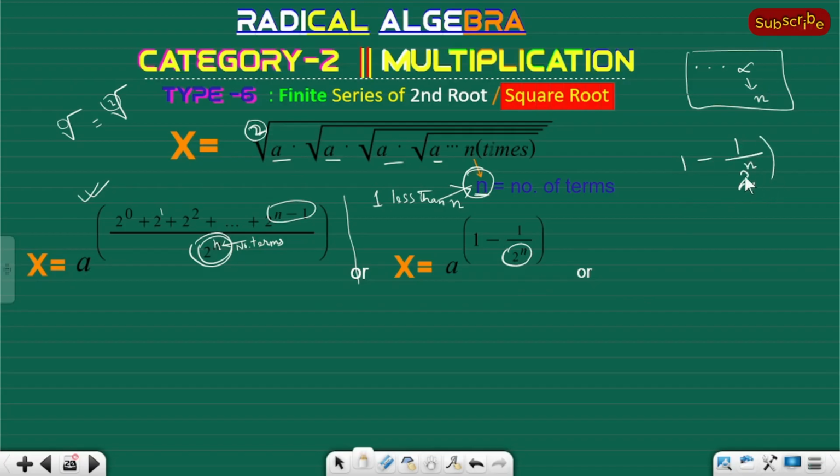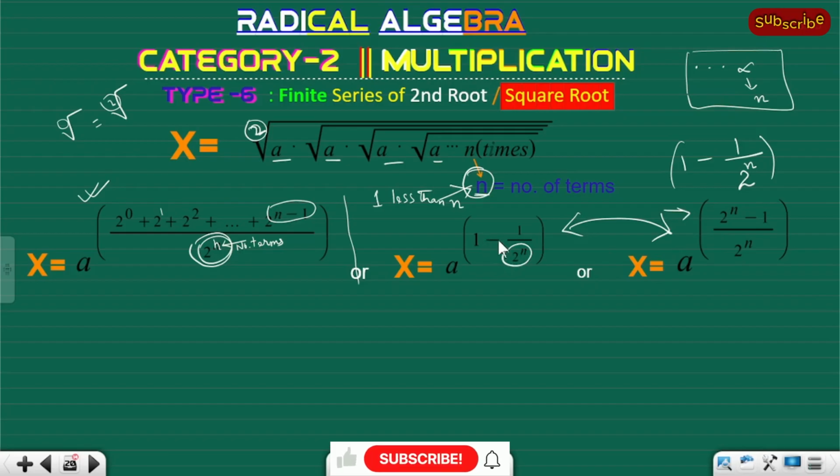Or we can do this: 2 to the power n minus 1 by 2 to the power n. This and this are the same, right? When you take LCM, you will get this. If you take LCM, 2 to the power n minus 1 whole divided by 2 to the power n, these two are the same.